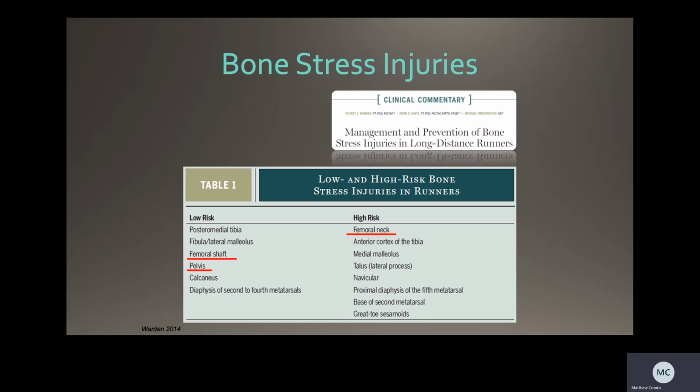Also watch out for our adolescent runners, right? Because adolescents have a couple things working for them and working against them. They have a growth pattern and a growth spurt, if you will, that is unrivaled in the human life cycle outside of being a fetus.